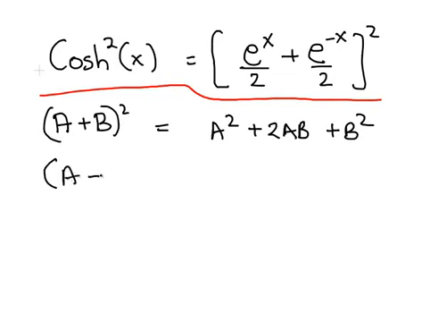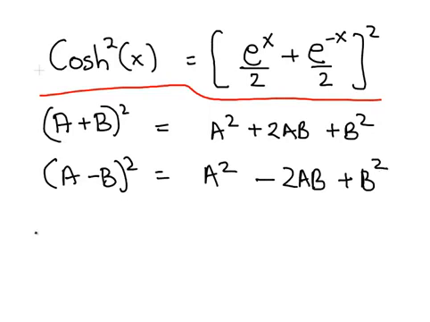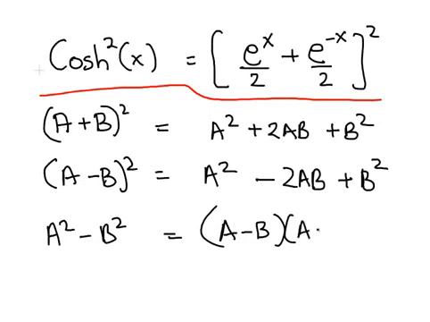Likewise, a minus b squared, which is relevant to sinh squared of x, is a squared minus 2ab plus b squared. And finally, we might have the difference of squares, a squared minus b squared, which can be written as a minus b times a plus b.